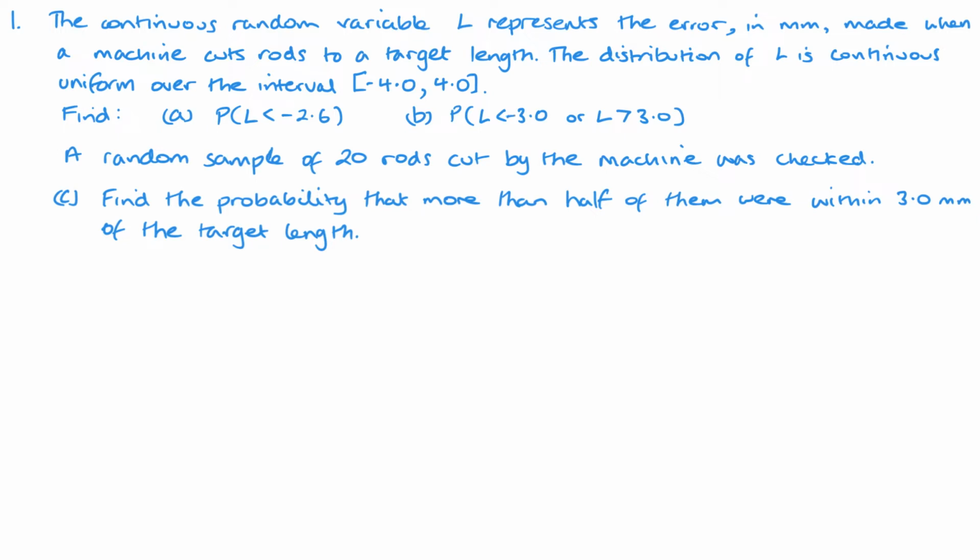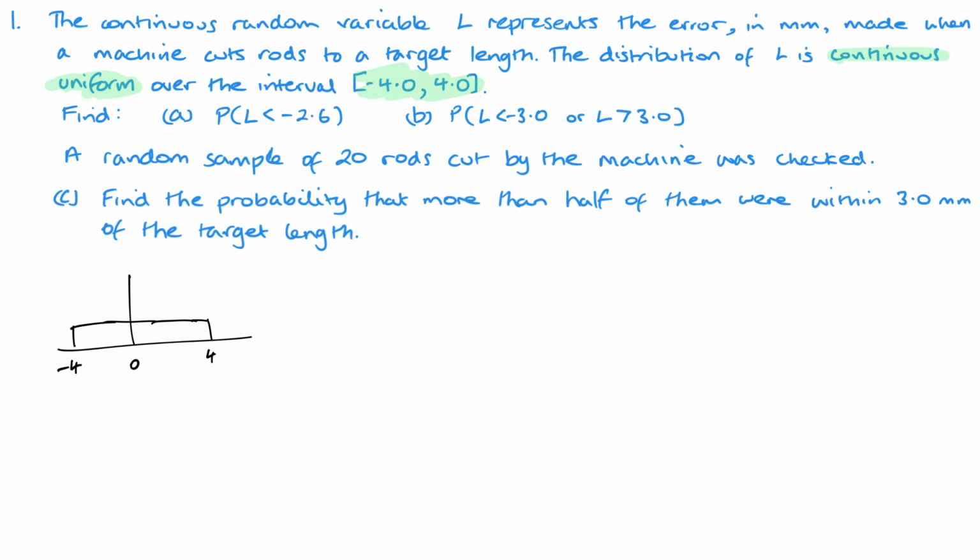So looking at this question, we have a continuous random variable L, and we can see it's continuous uniform, because it tells me that there. And here's my interval between -4 and +4. So I can think of a quick sketch between -4 and +4.